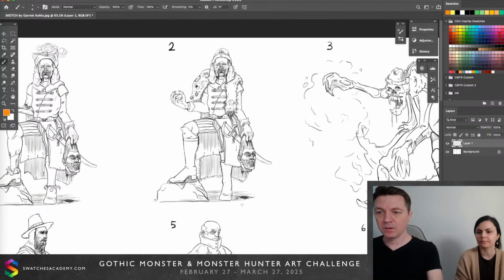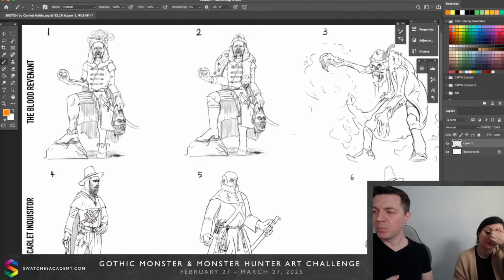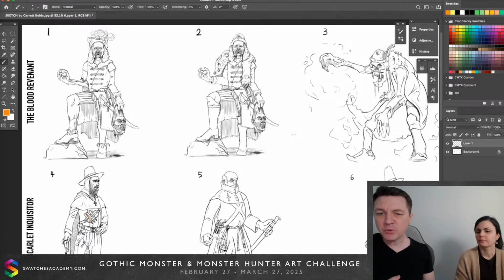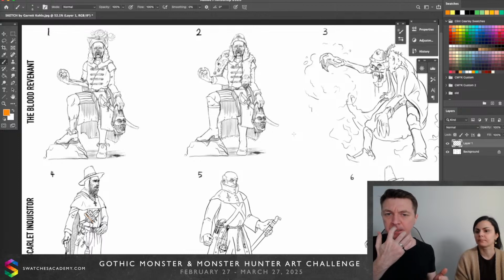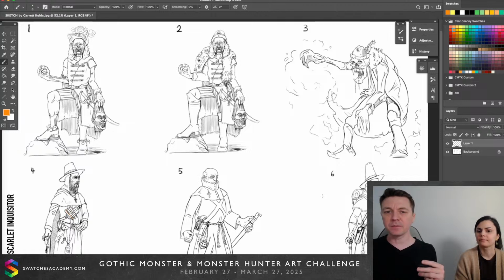Okay, over here, 1 and 2 feel more interesting and in line with the prompt. Number 3, we'll always have to keep in mind and try things from other directions, 100%. But I feel like it's not as developed, or maybe you didn't have enough time to develop it. I don't know the situation.